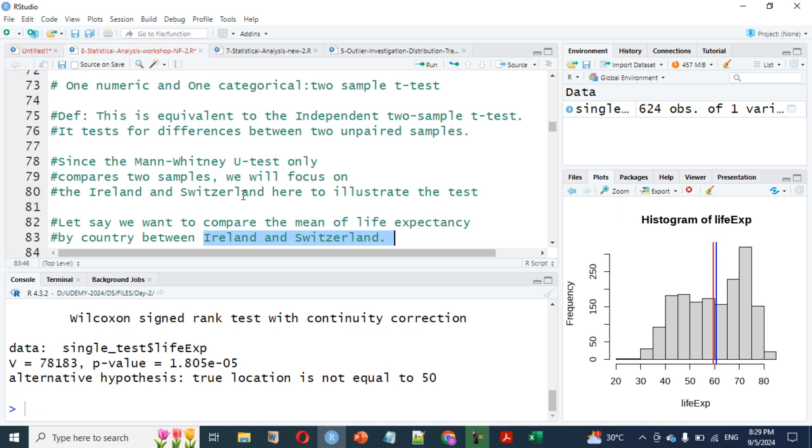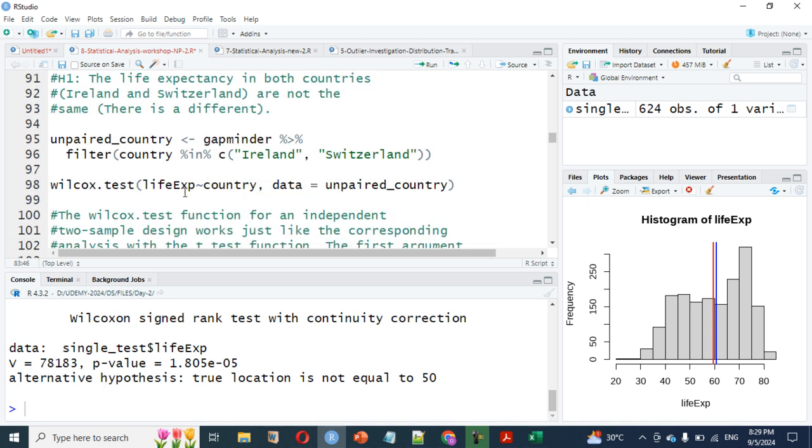Whitney test. Let's also use our piping again, and create a new object here called unpair country. So our data set is piped in, and we filter by country, where country is in Ireland and Switzerland. We filter first using this function, in, for filtering a parameter.